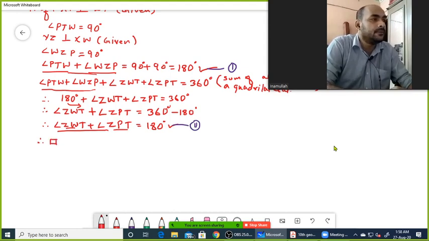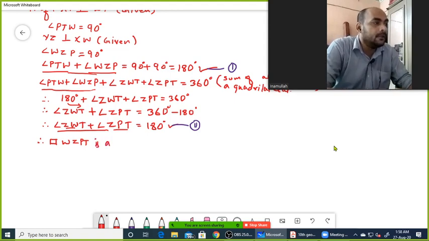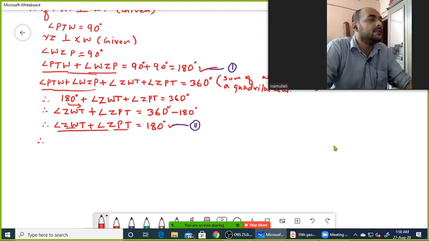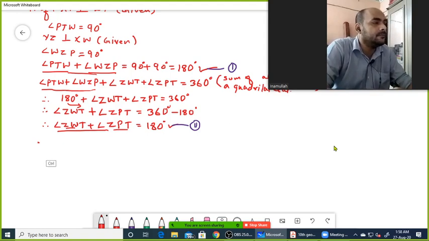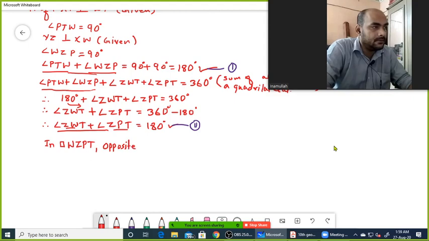Therefore, we can say in quadrilateral WZPT opposite angles are supplementary.